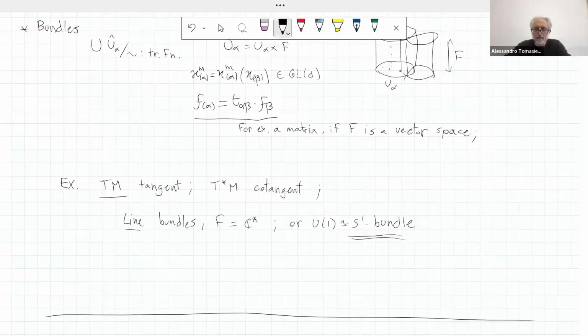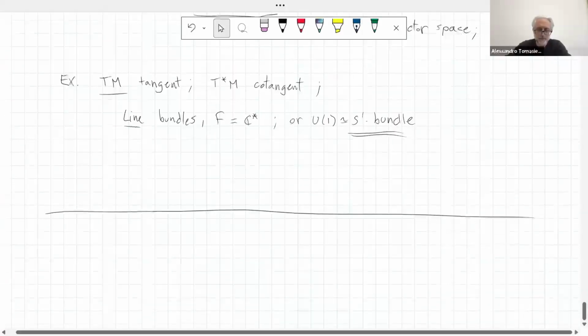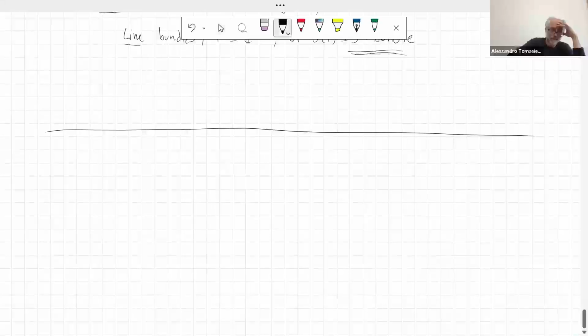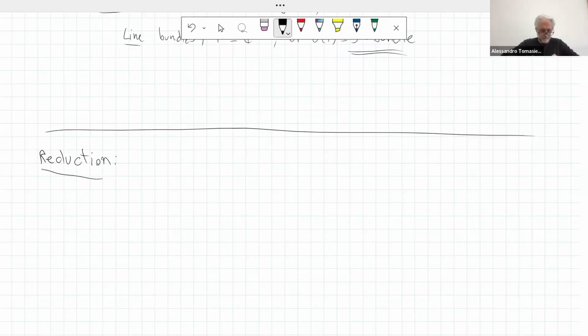This T alpha beta on a general manifold is usually in GL(n), the group of all invertible matrices.